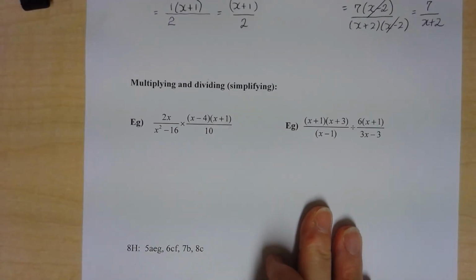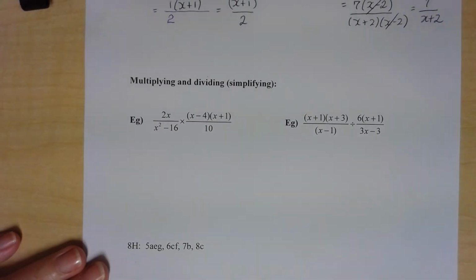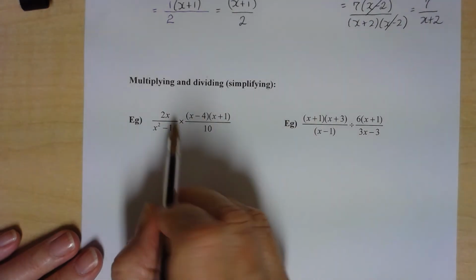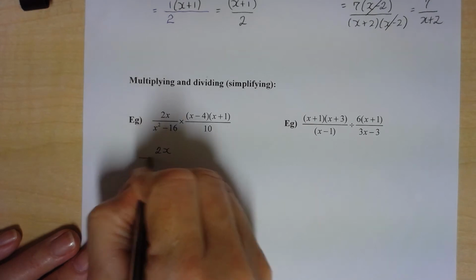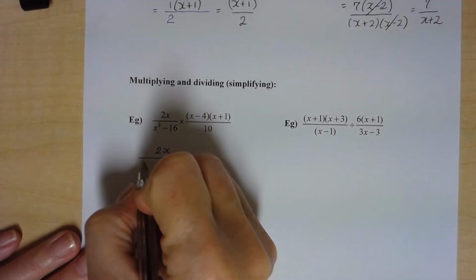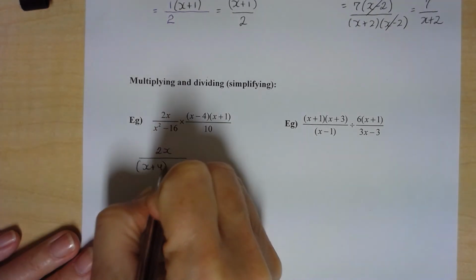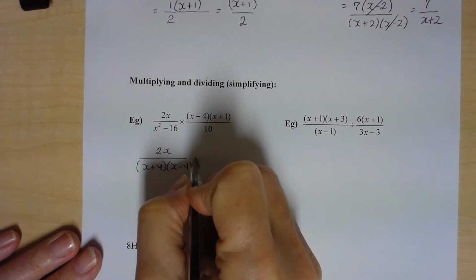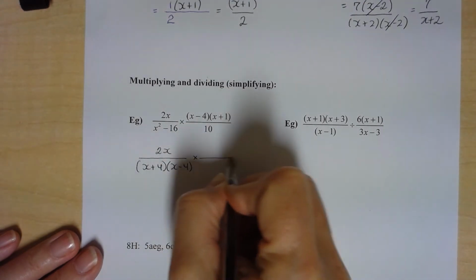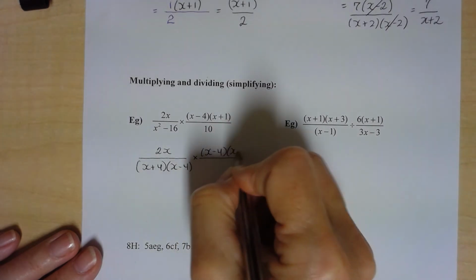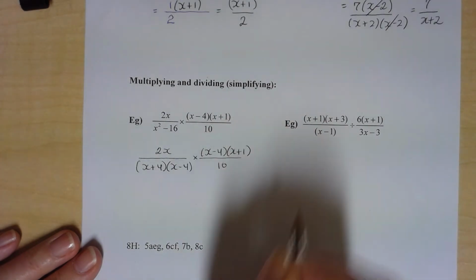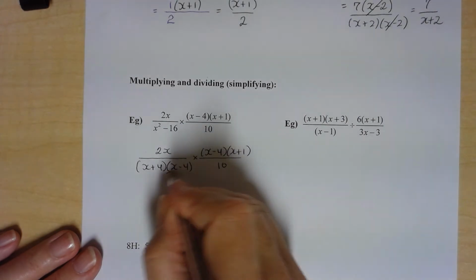Okay, so when I'm multiplying and dividing, it's pretty easy. I factorize as much as I can. I rewrite the entire thing, so it's long work and lots of book paper. X plus 4, x minus 4. The times is there. I already have this factorized up here. And I'm going to first look for my binomial factors. Well, these are the same.